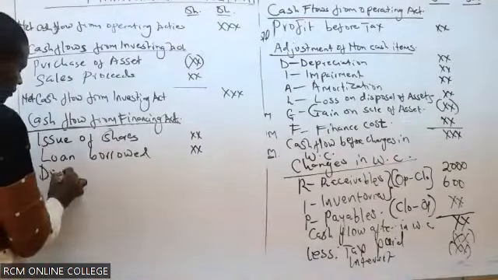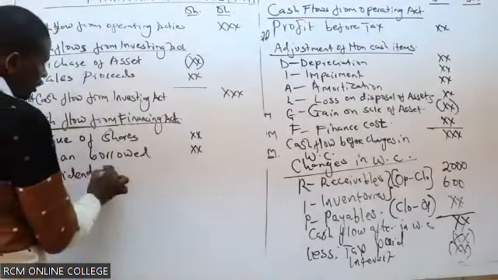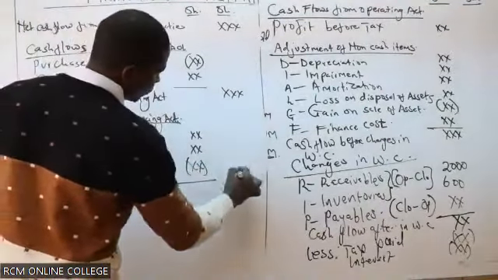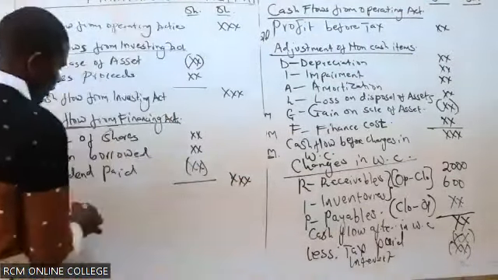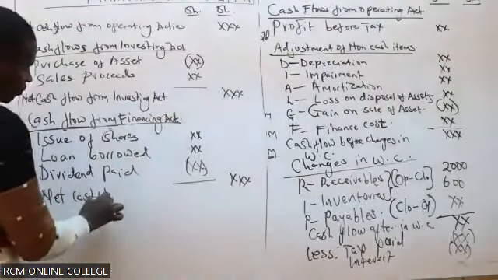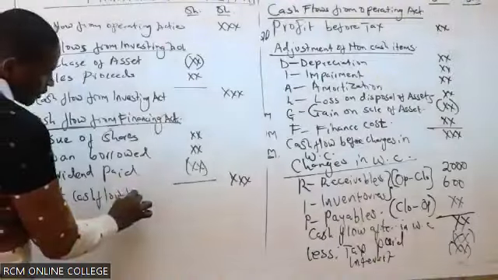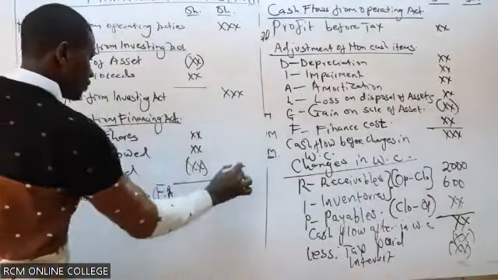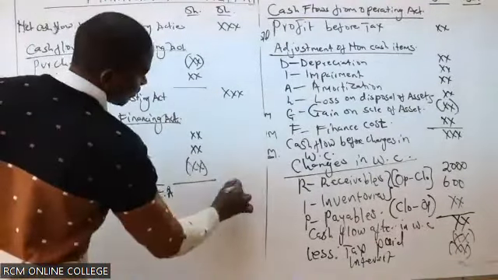Dividend paid. When we pay, what does our cash do? It reduces. And then we can get our net cash flow from financing activities.